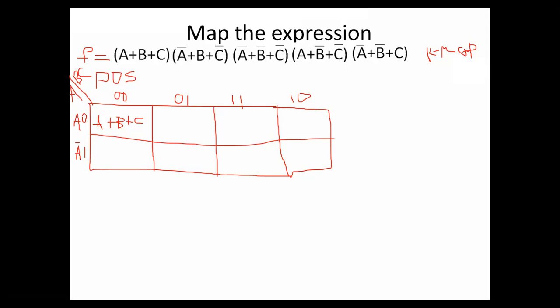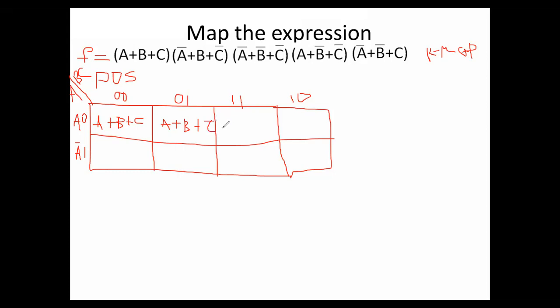Next cell. A is 0, that's why A. Plus B is 0, so uncomplemented, plus B. C is 1, that's why it will be taken in complemented form, so C bar.